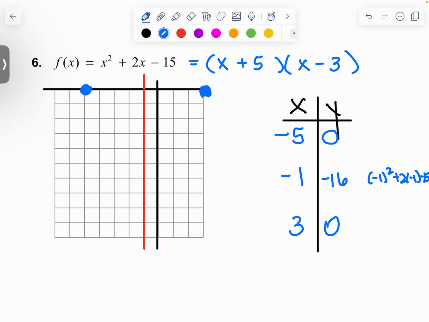You can plug into this form or you can plug into this form. It's not going to matter. Either way, we get negative 16. Do I have 16 tick marks? No. So how about I count by fours? Or would counting by twos be better? How about 2, 4, 6, 8, 10, 12, 14, 16. So there. Put that point there.